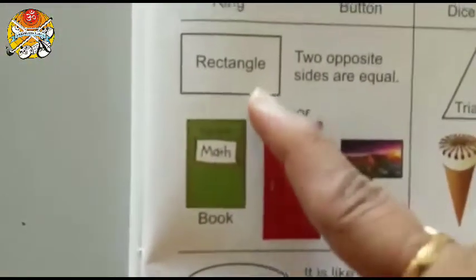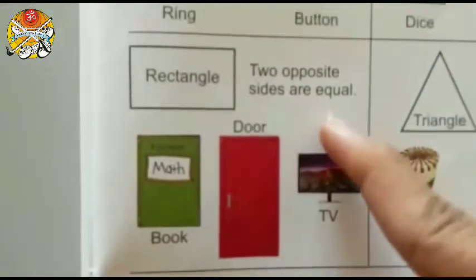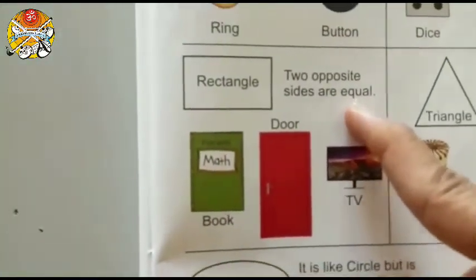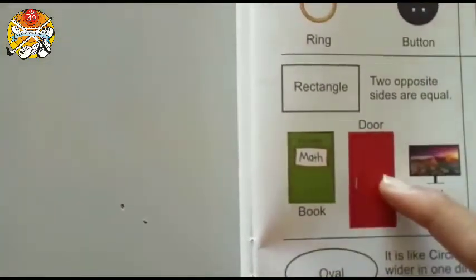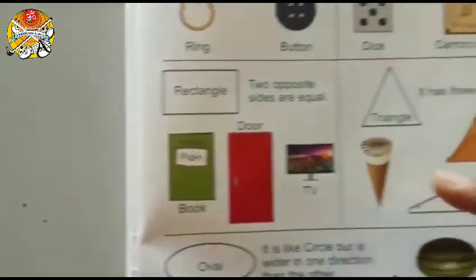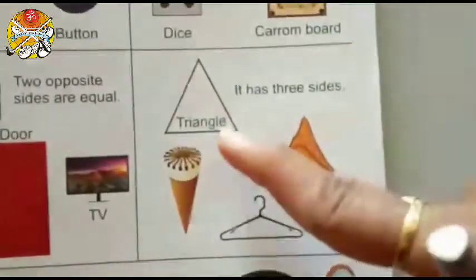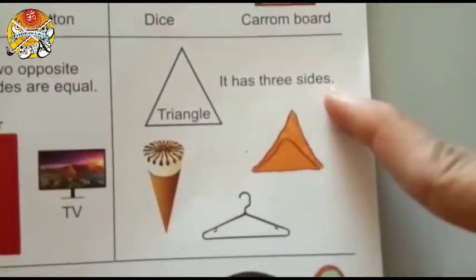The third shape is rectangle. 2 opposite sides are equal. The examples of rectangle are book, door, TV. The next shape is triangle. It has 3 sides.